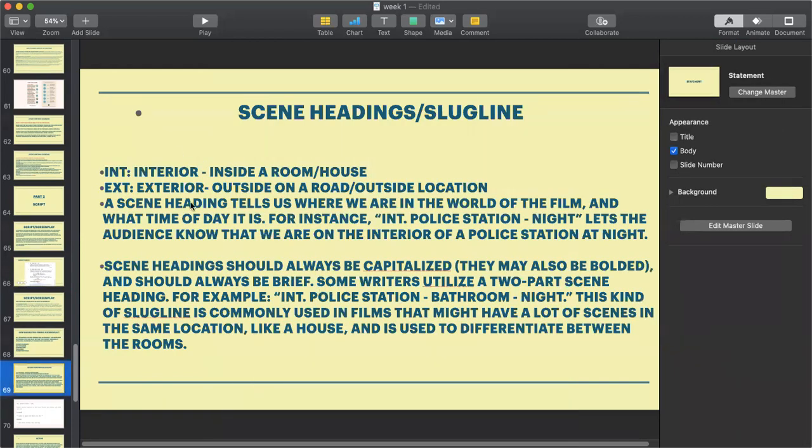Whatever the scene heading will be, it has to mention in detail the location of the scene and the time of the scene. These two things are the first thing we are going to see in a movie. What is the location? What is the time? Daytime, nighttime, whatever it is. So that has to be in the beginning of the script.